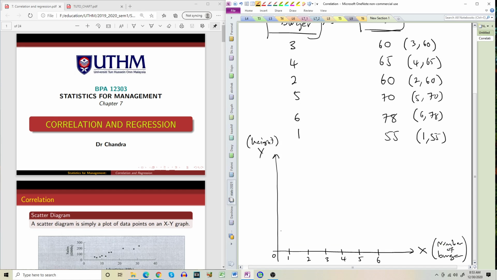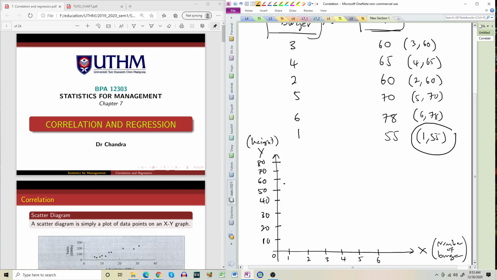My highest value for y, I can go up to 80, so I can put here 10, 20, 30, 40, 50, 60, 70, 80.